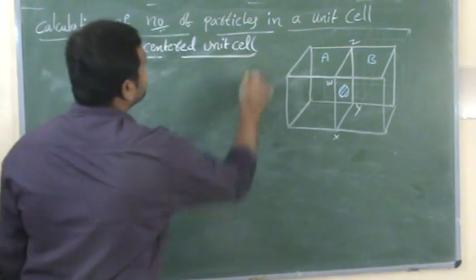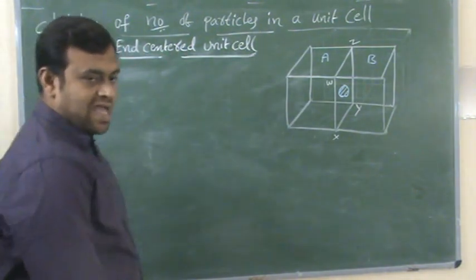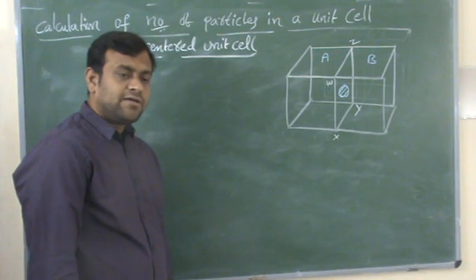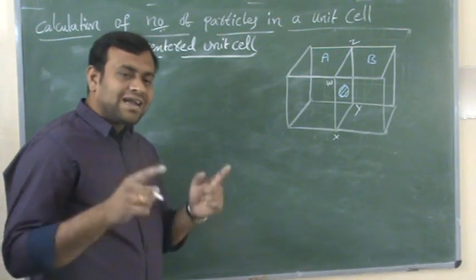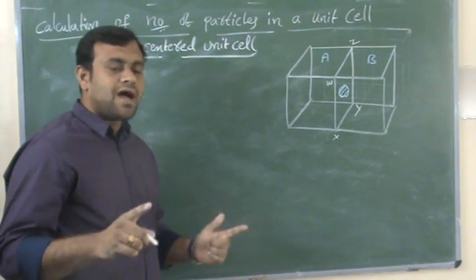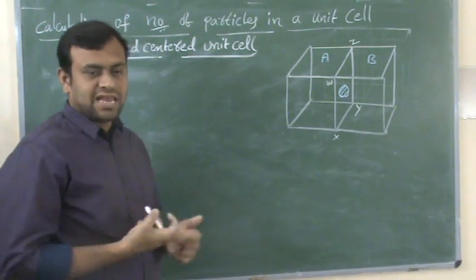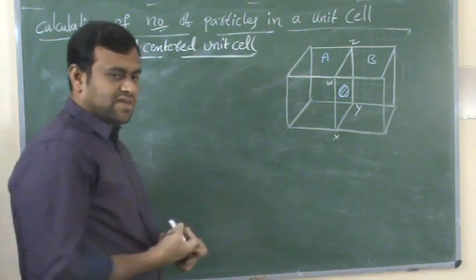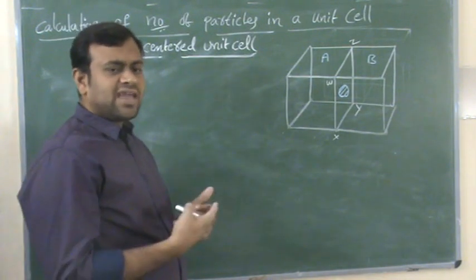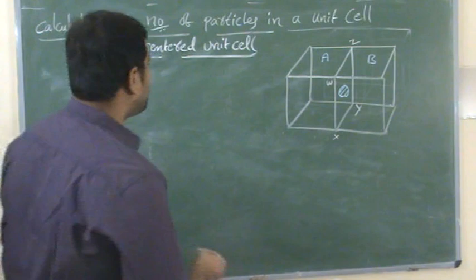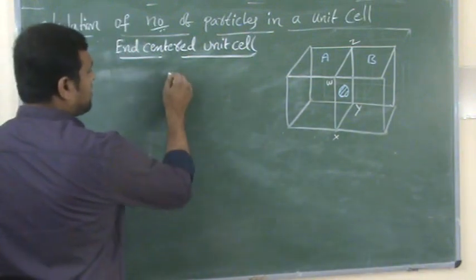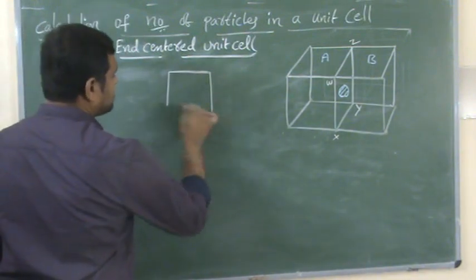You all know what is end-centered unit cell. An end-centered unit cell is one which contains particles at corners and any one of the opposite faces. There are 3 opposite faces in a unit cell. Any one of the opposite faces contains particles. I will show you.